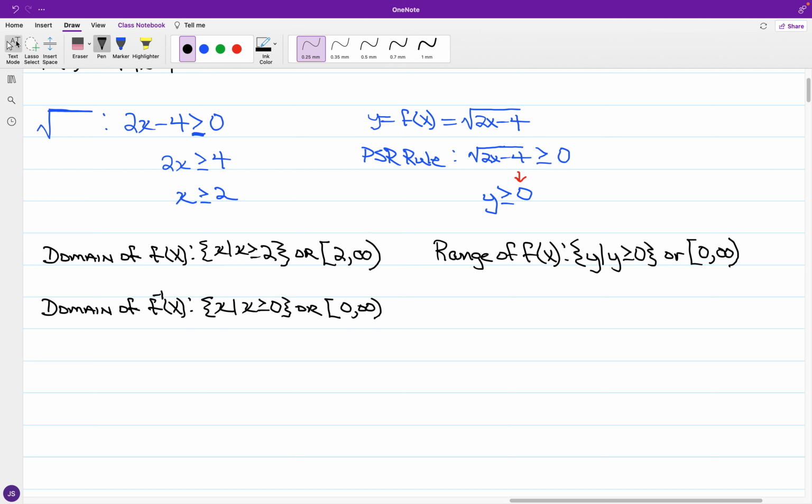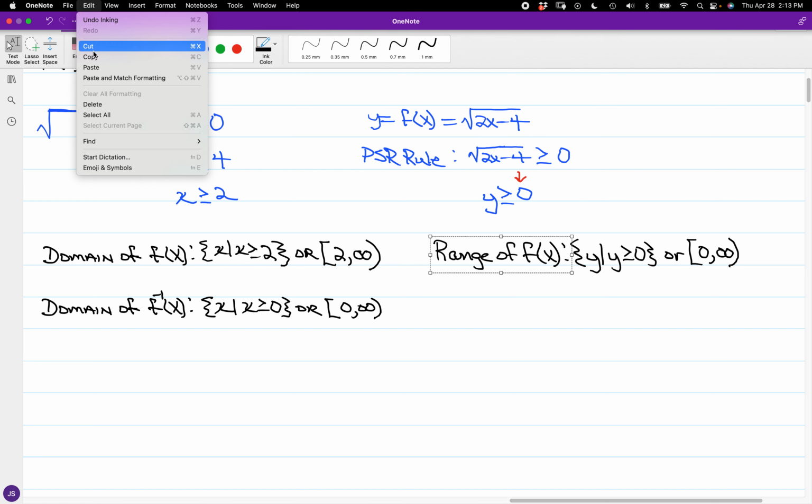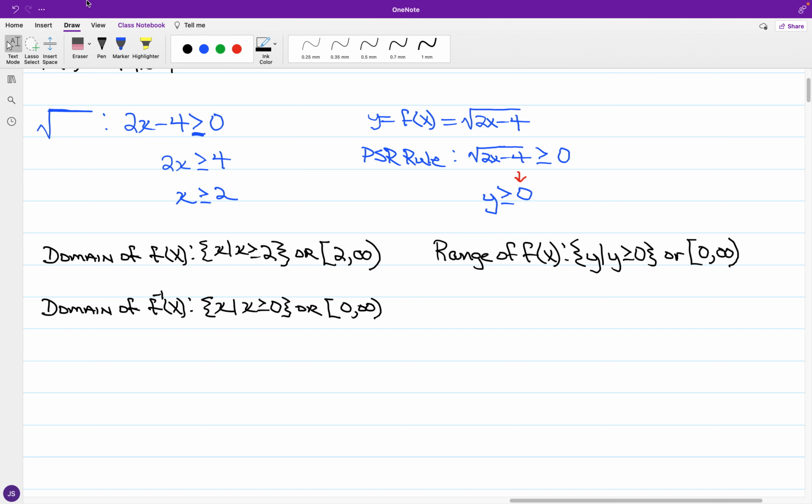And for the range of the inverse, we're looking at the allowed values in y. What is allowed in y for the inverse is what we had allowed for x in f of x. So now we have the set of all values of y whereupon y is greater than or equal to 2, going from and including 2 on out to infinity.